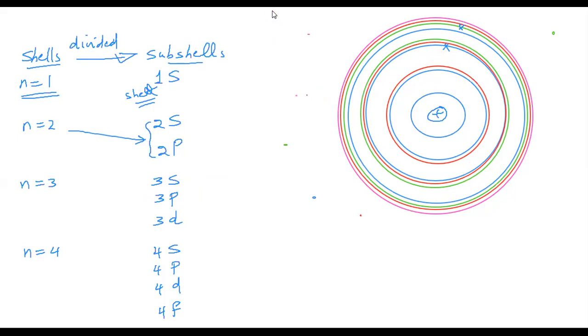Now, as more and more instruments are advancing, they found that subshells are further divided into what we call orbitals. Orbitals means division of subshells. So the S subshell does not divide.